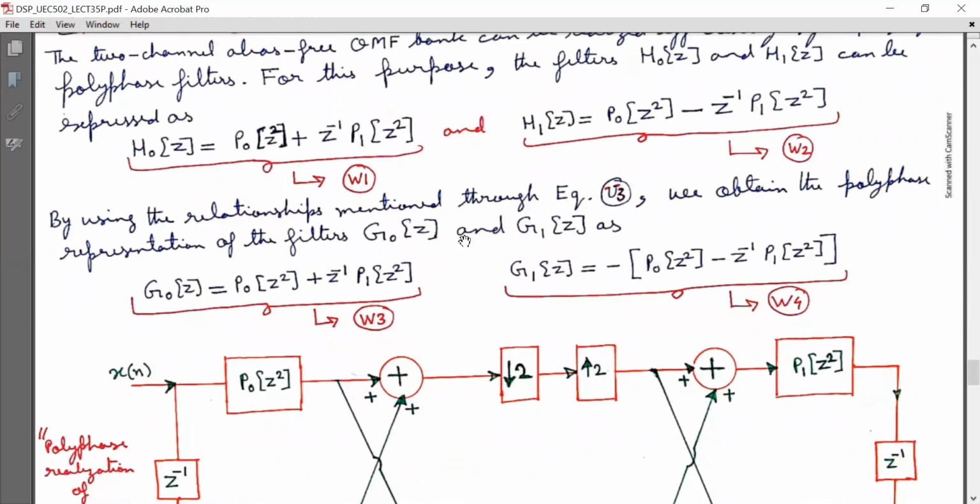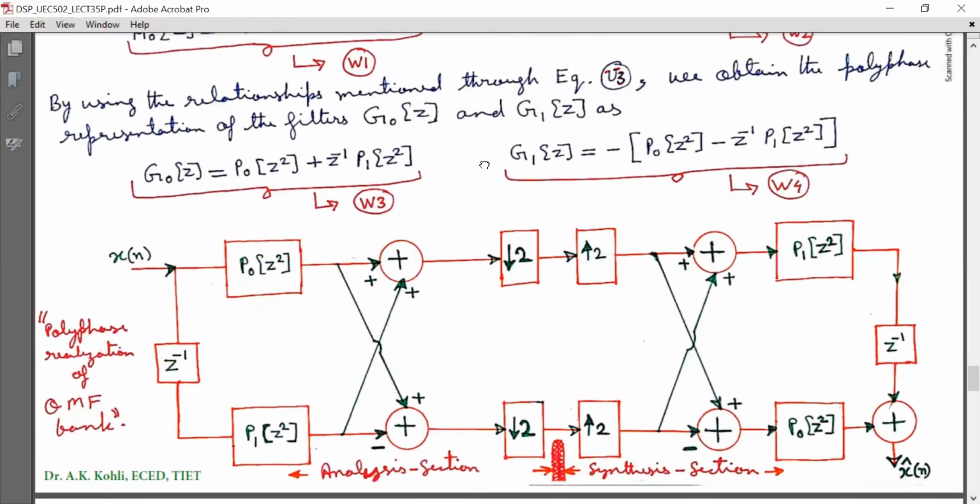By using these relations, we obtain the polyphase representation of filters G0(z) and G1(z) as G0(z) is equal to P0(z²) plus z⁻¹ P1(z²), mark it as equation W3, and G1(z) is equal to minus bracket P0(z²) minus z⁻¹ P1(z²), mark it as equation W4. So this is the polyphase realization of QMF bank.